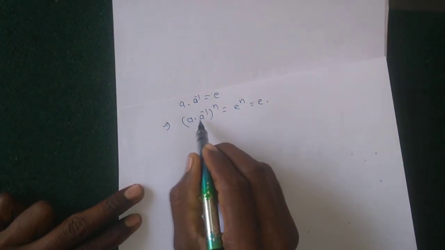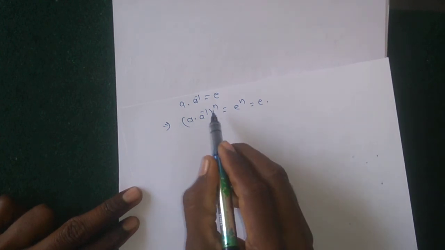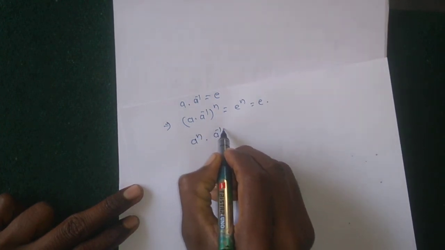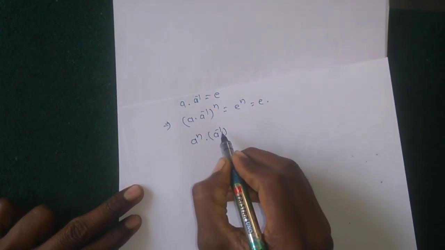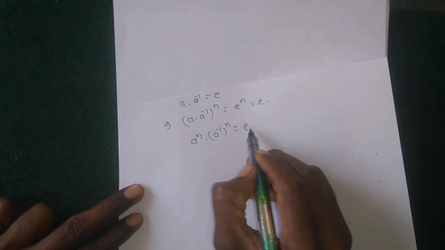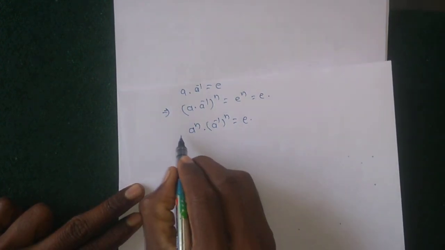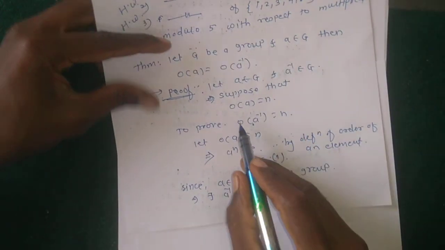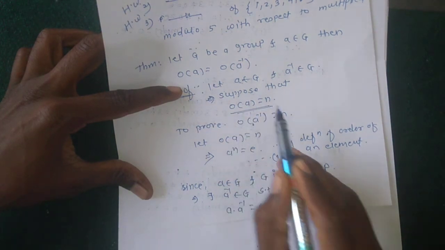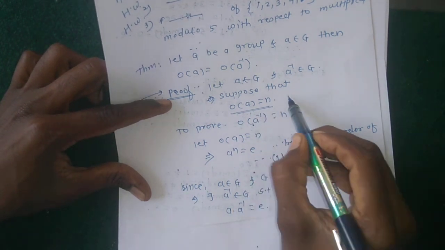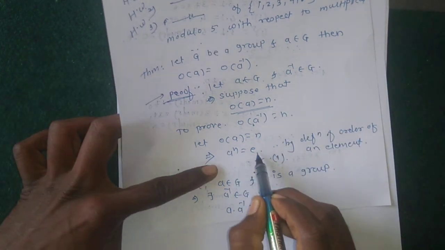Here A raised to n into A inverse raised to n, splitting these powers only, is identity. But A raised to n is identity because the order of A is n. Supposing that the order of A is n, which implies that A raised to n equals identity.